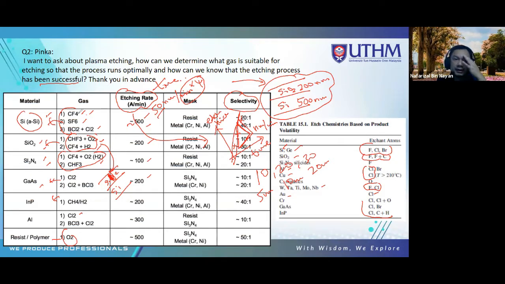I'm not sure whether it's produced in Indonesia or not, but even in Malaysia, this type of gas is not produced. We have to buy it from overseas, so it will take some time for us to get the gas in-house. So this is the issue.